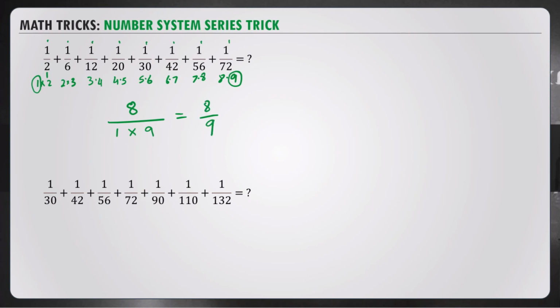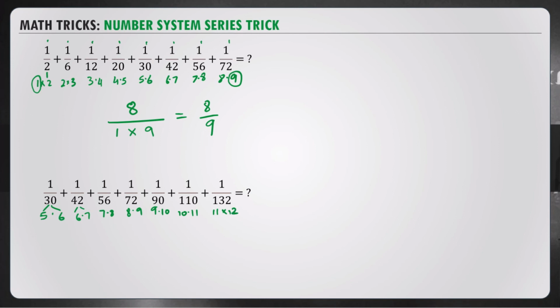Let's do one more for practice. What if we have this sequence of numbers? Let's try to decipher what the numbers would be down here. This would split into 5 into 6, 6 into 7, 7 into 8, 8 into 9, 9 into 10, 10 into 11, and 11 into 12, right?